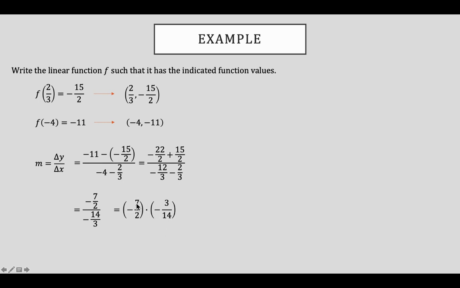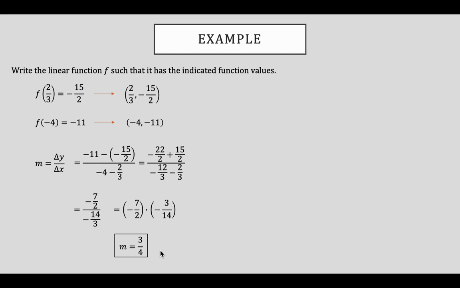I've got a 7 and a 14. Well, how many times does 7 go into 14? It goes in twice, so I can cross out this 7, put a 1, cross out this 14 and put a 2, and now my multiplication becomes much easier, leaving me with +3/4.